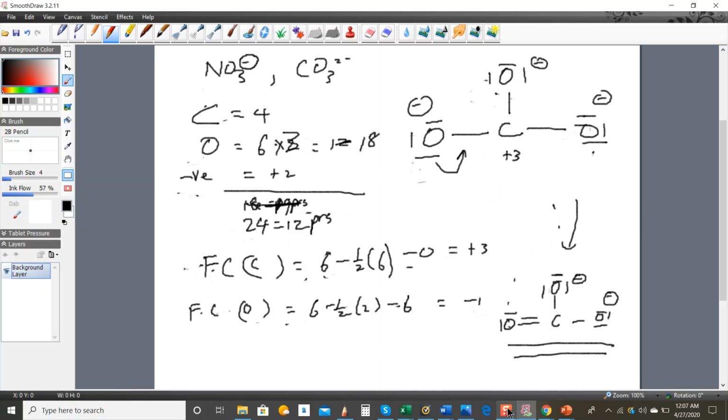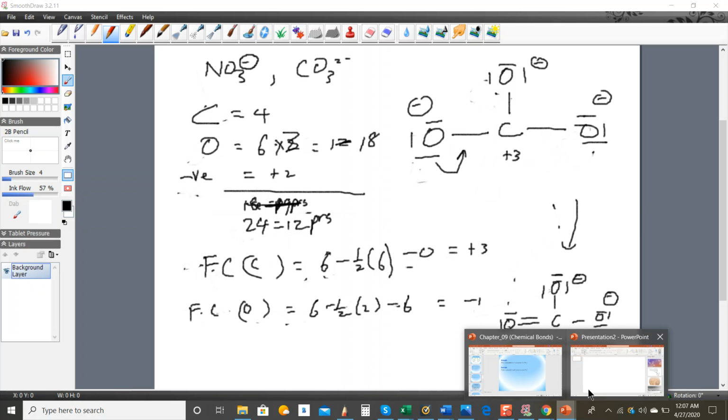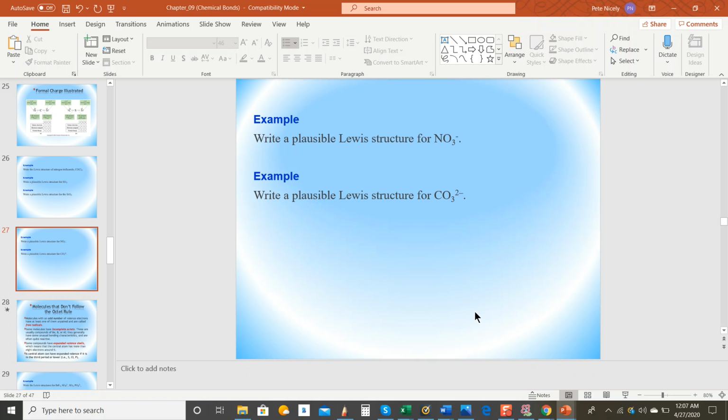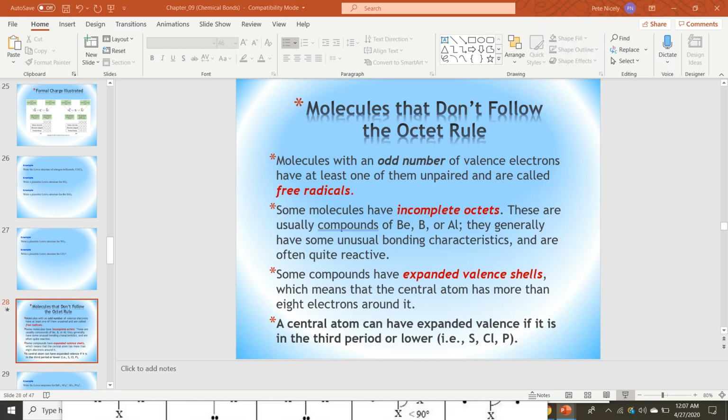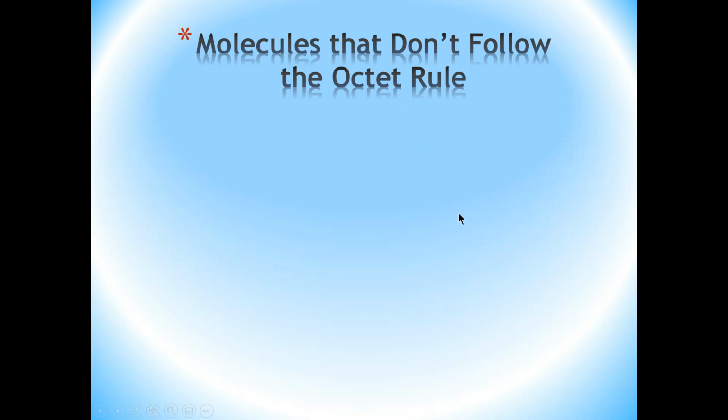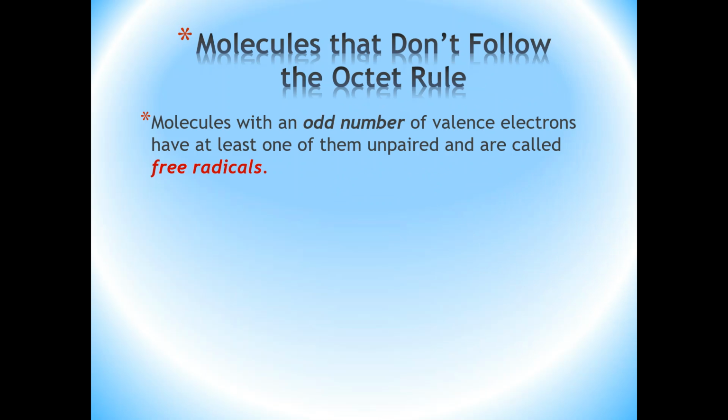All right, let me go back to the PowerPoint here and continue our discussion of certain situations where the Lewis structure simply will not work. If you draw a Lewis structure for certain molecules, they won't follow the octet rule. There are some situations where you'll have a molecule that ends up with an odd number of valence electrons.